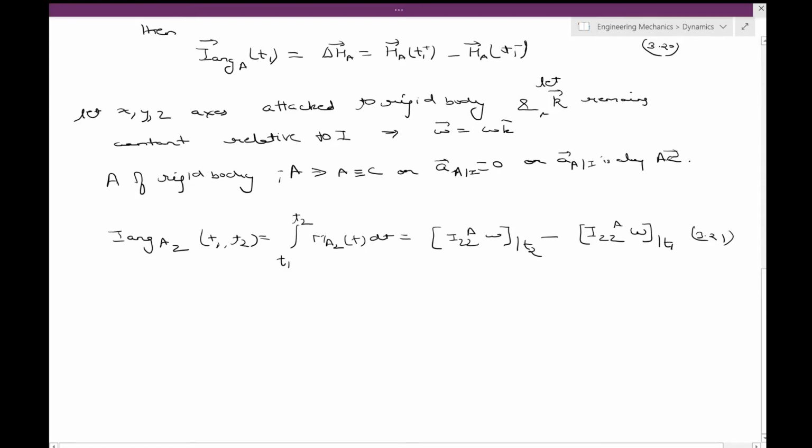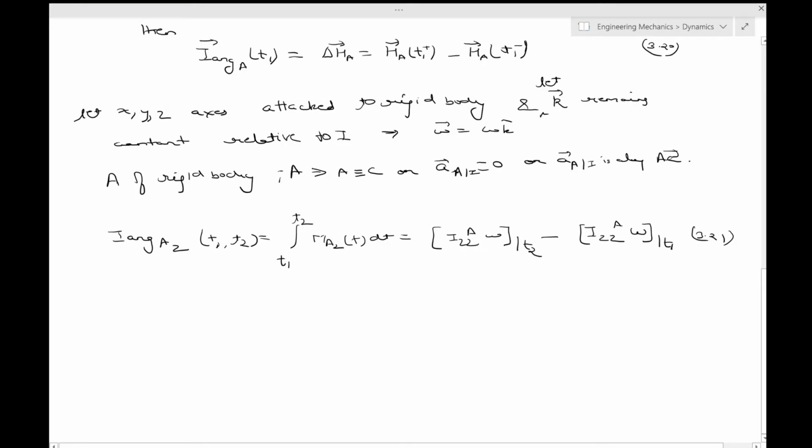So this is the equation which is valid for rotation of a rigid body about a fixed axis.